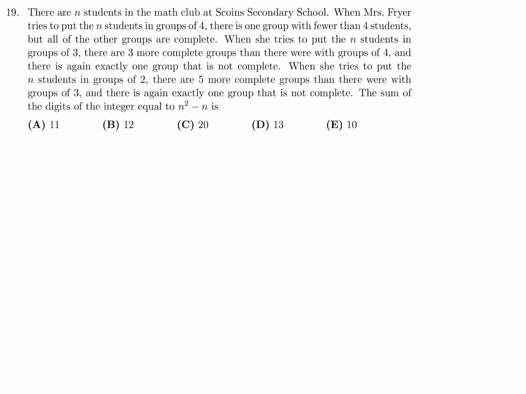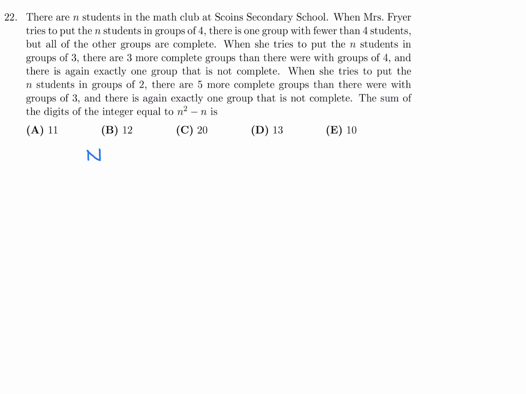When she tries to put the n students in groups of 2, there are 5 more complete groups than there were with groups of 3, and there is again exactly one group that is not complete. The sum of the digits of the integer equal to n squared minus n is.